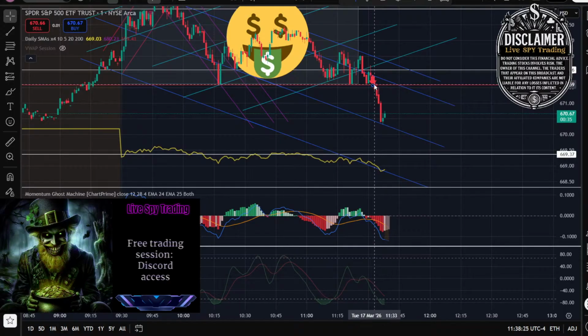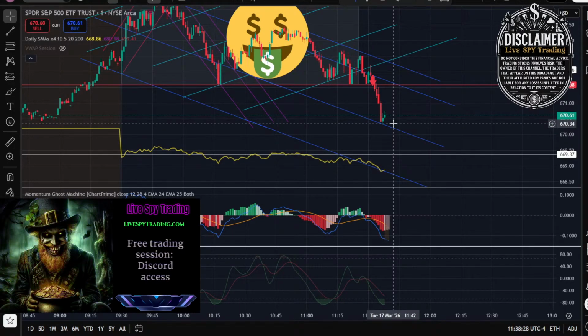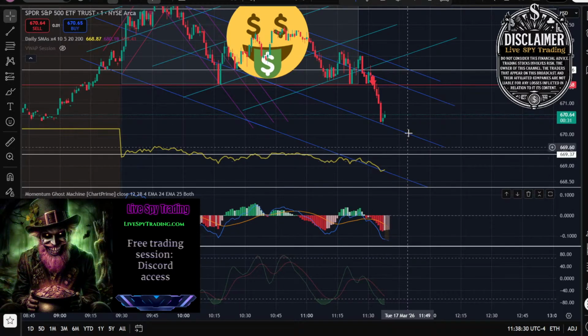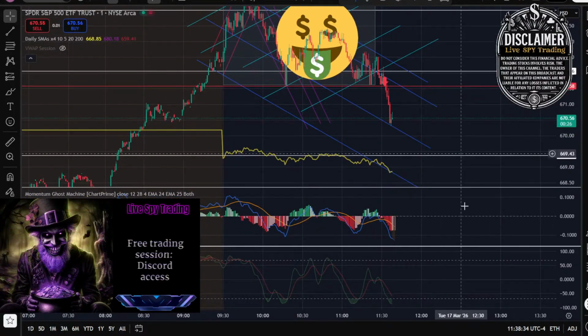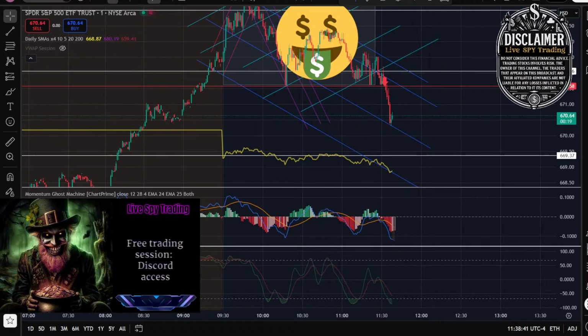Look at the money we just printed. From 71. Okay, this is a good move. We needed this one, right? Easy claps.